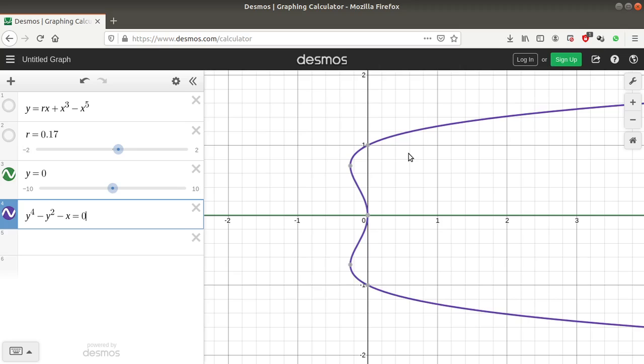Now in this bifurcation diagram, if you see, when r is a very small number, less than minus 0.25, we are having only 1 solution, and greater than 0 we are having 3 solutions, and in that small range we are having 5 solutions, right?